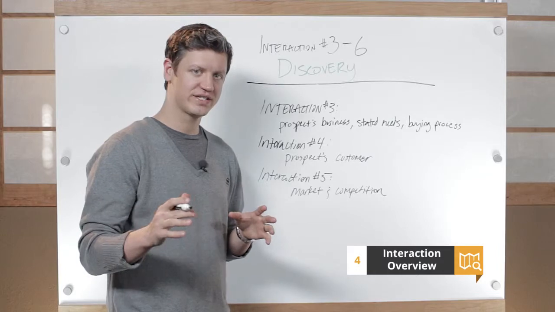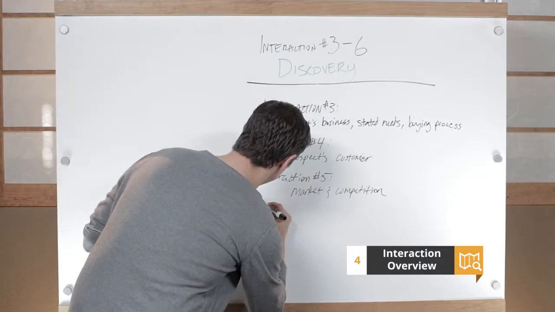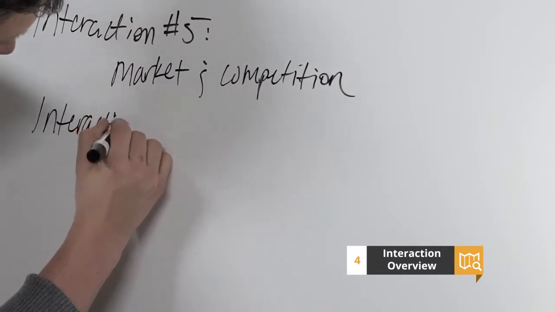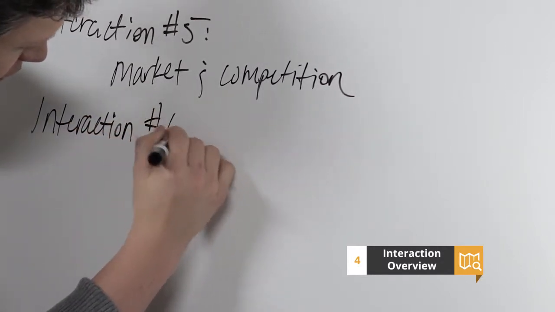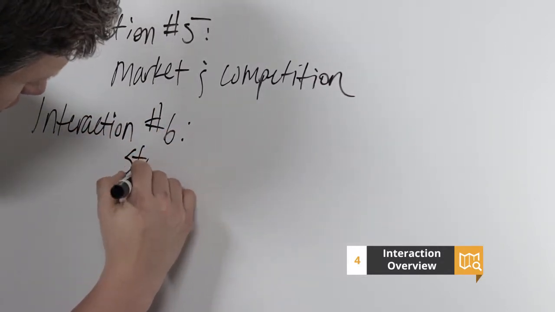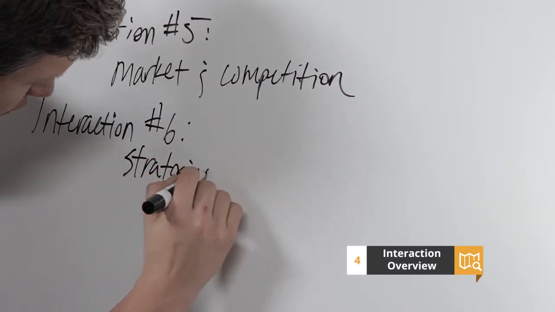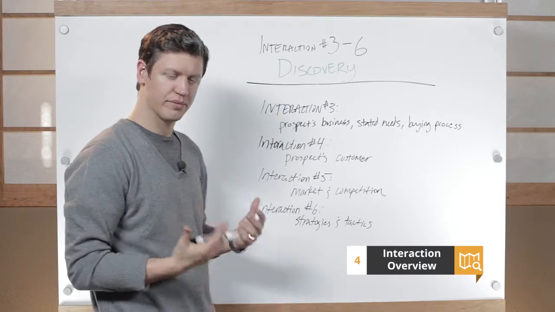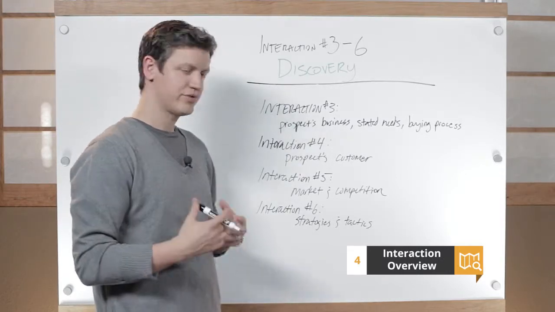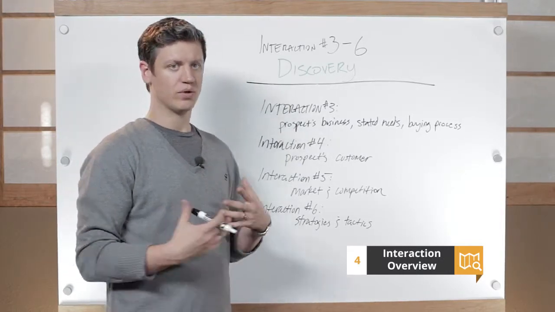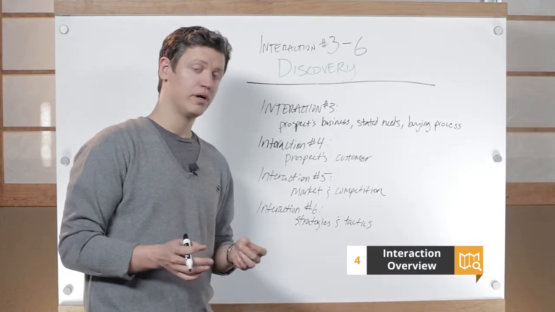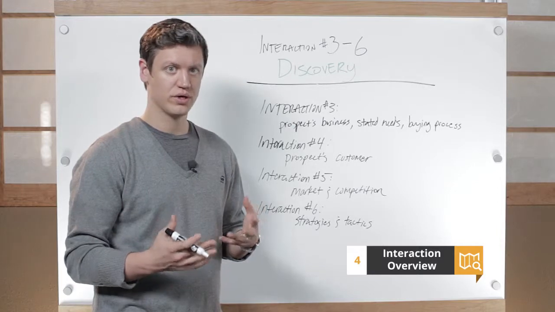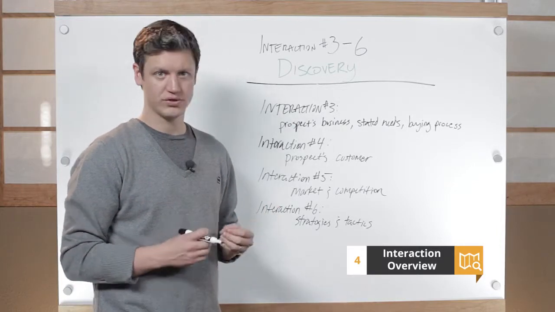And then in our 6th interaction, we're going to start looking at some potential strategies and tactics. And like I said, I'll get into more detail here in a minute, but the strategies and tactics, it's all about looking at what strategies and tactics they've thought about, what kind of strategies and tactics other people in their industry or other people out there in the world are potentially using.